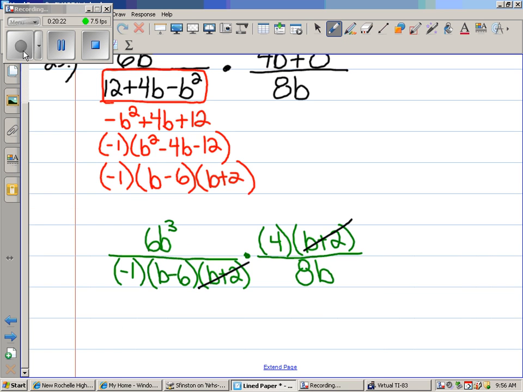This is going to cancel with this. 4 is going to become a 1, and 8 is going to become a 2, because it's like 4 over 8. This b is going to cancel with one of these b's, and it's going to become a 2. This 2 is going to cancel with itself, and this is going to become a 3.